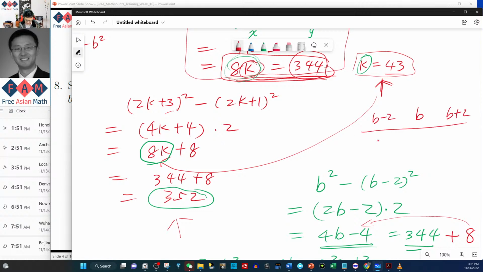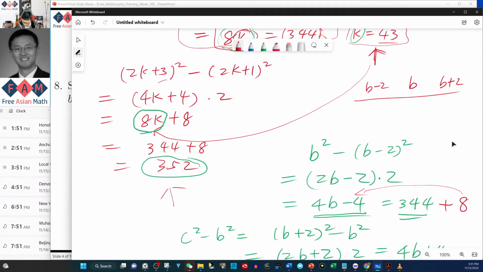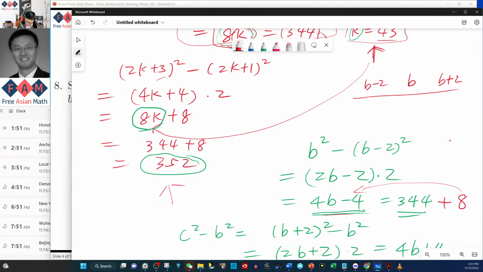And of course, as it turned out, in this case, if we solve for b, you will still see that b will be, for example, here, if you get 4b minus 4 equals 344, then b would be 348 divided by 4, that would be 87. Okay? Indeed, b is an odd number. It's just that we did not use this fact in our solving of the algebra.